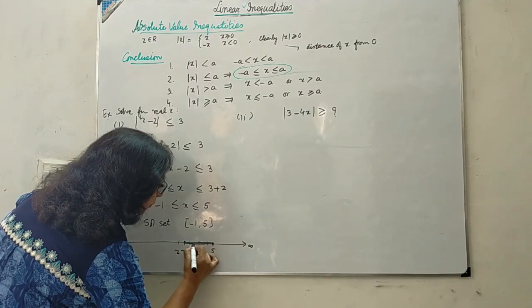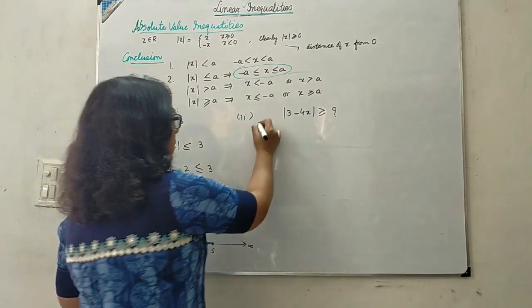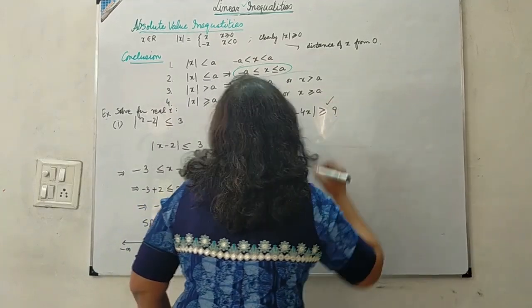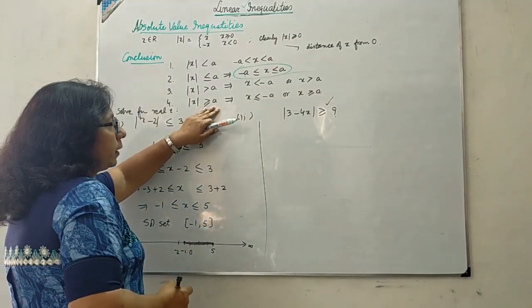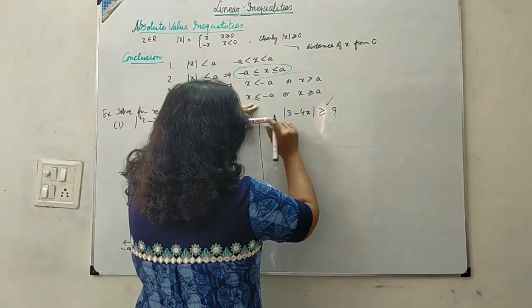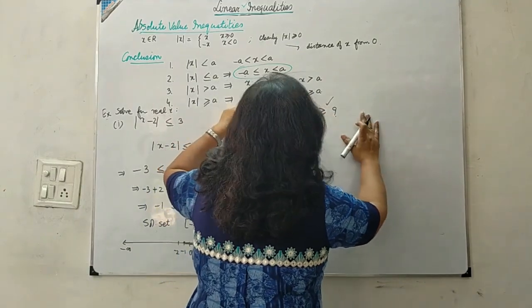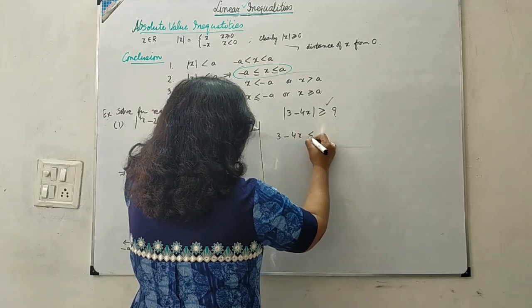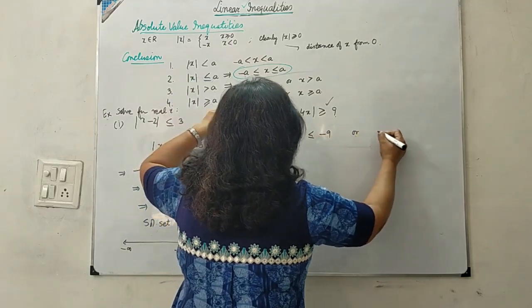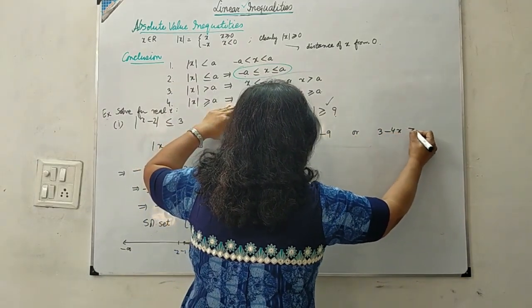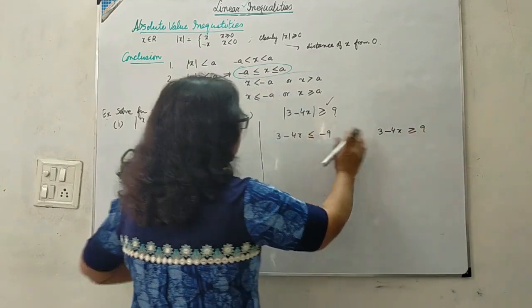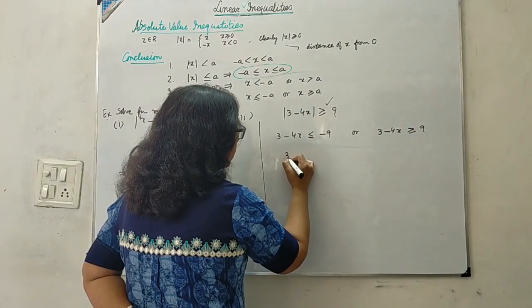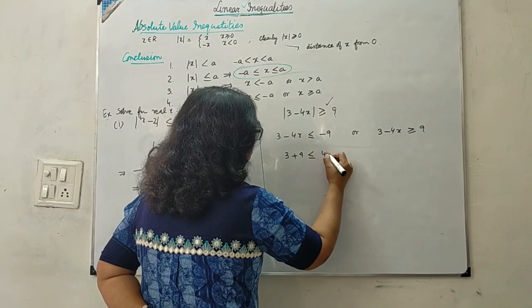Now to move on to the second part, here it is a greater than or equal to sign. So we can convert this compound inequality into two parts: 3 minus 4x less than or equal to minus 9 or 3 minus 4x greater than or equal to 9. Now we have 3 plus 9 less than or equal to 4x.